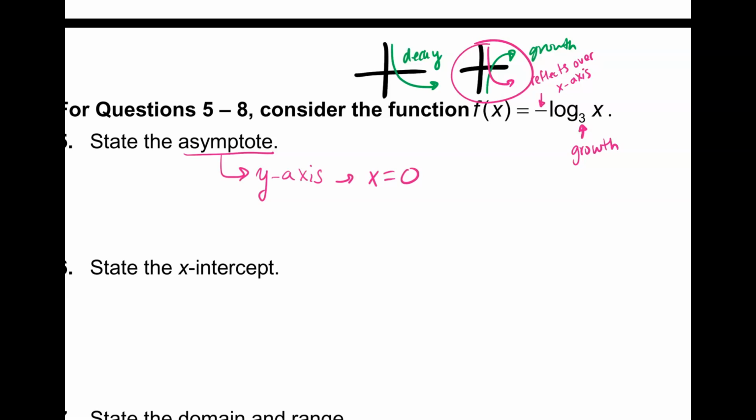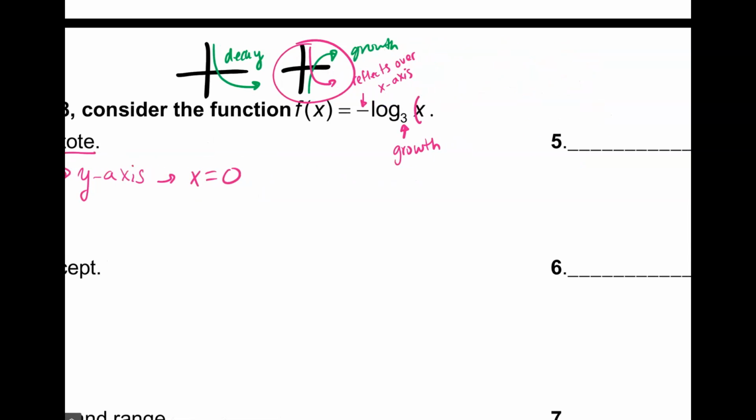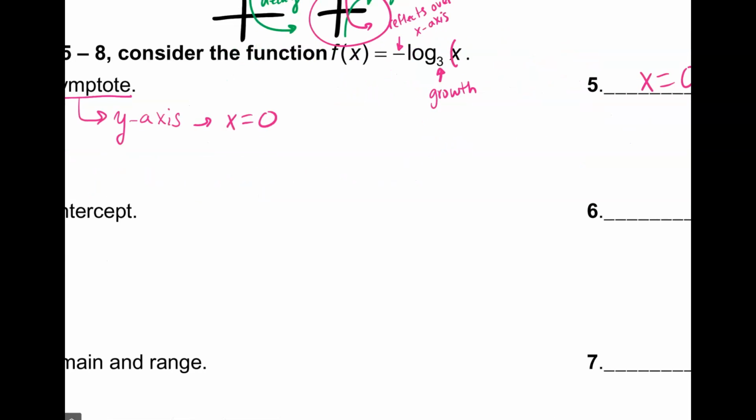No, how do you know? Because there's no number within the x, right? If this was log of x minus 3, a horizontal shift of my log function, that means my asymptote's going to be shifted as well, but there's not. So no shift. So luckily for us, this is just going to be x equals 0.